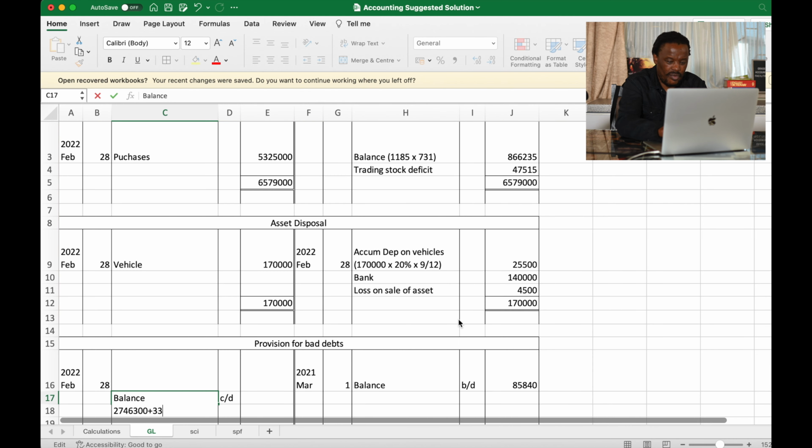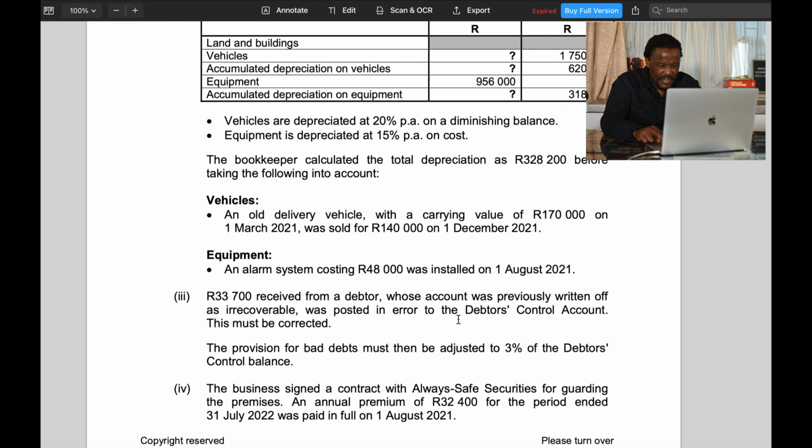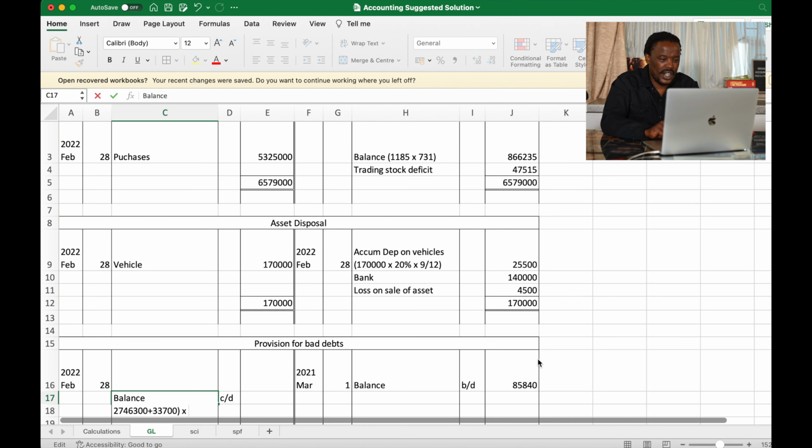Now we can multiply this by 3%. The provision for bad debts must be adjusted to 3% of the debtors control balance.